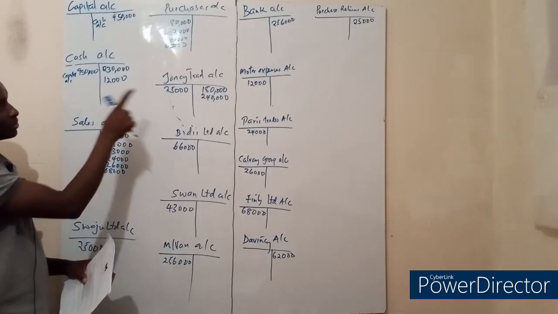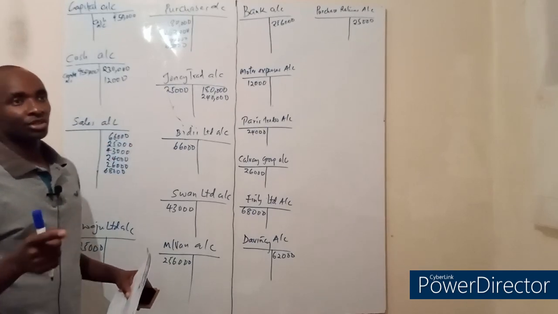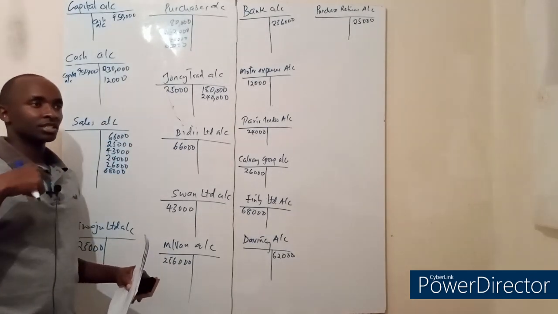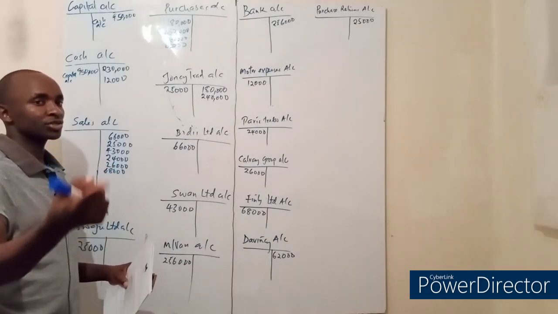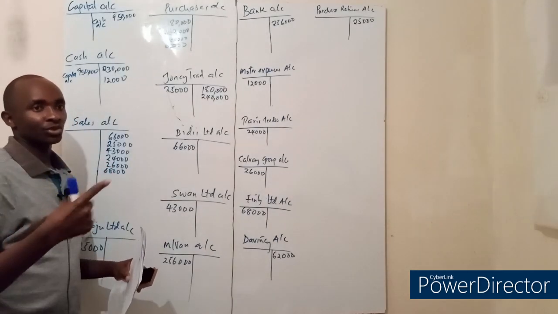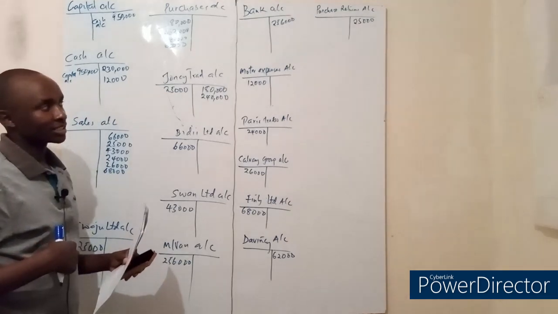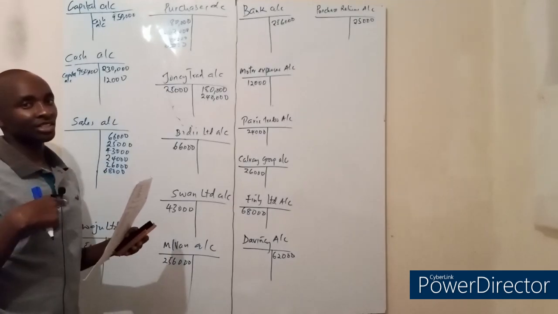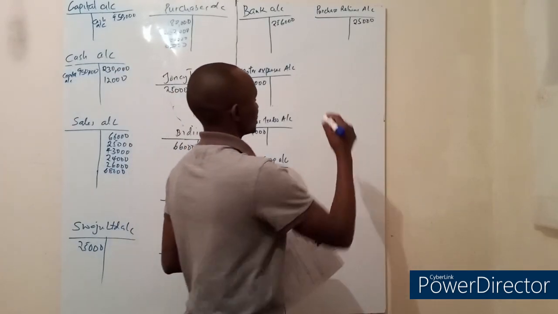Celia will open an account known as the sales returns account, or return inwards. Celia Atieno had sold goods, but that customer has returned the goods, so they return into the business, return inwards. Are you getting the difference between return outwards and inwards? Great. So let's open an account known as the sales returns.